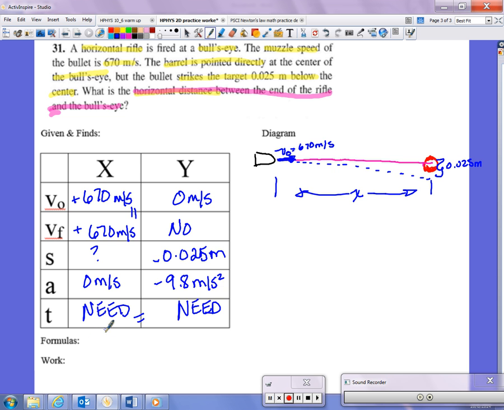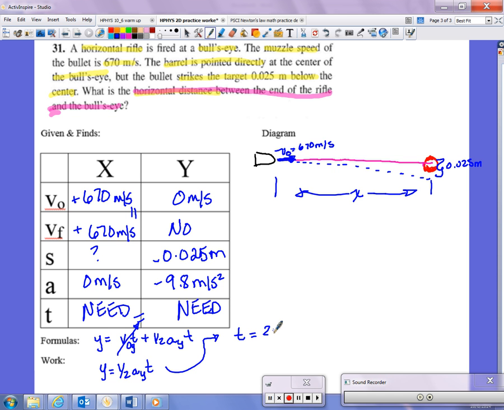And my formula looks like the displacement is equal to the initial velocity in the y direction times time plus 1/2 acceleration in the y direction times time squared, and my initial velocity is 0, so this goes away. So I'm left with y is equal to 1/2 a sub y t squared. I'm trying to find t, so before we do anything else, let's get in that good habit of putting t on the left-hand side by itself.